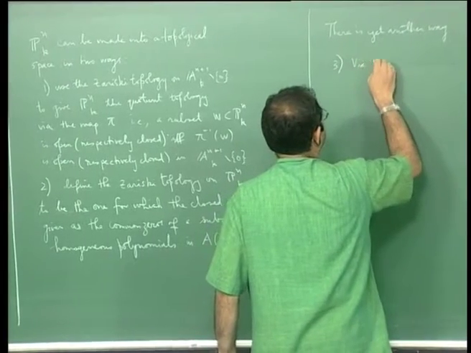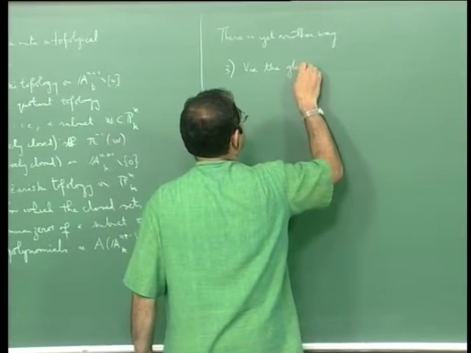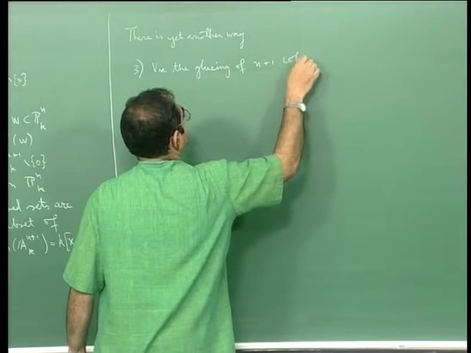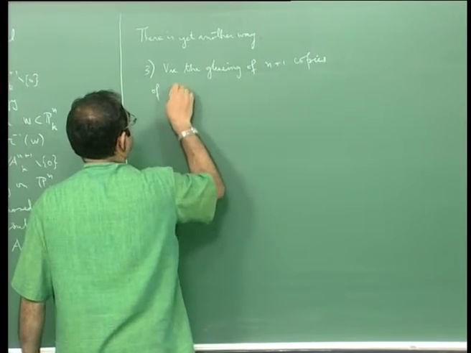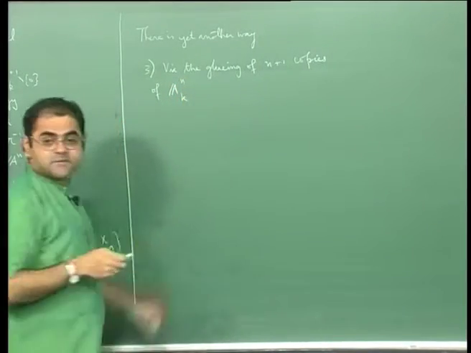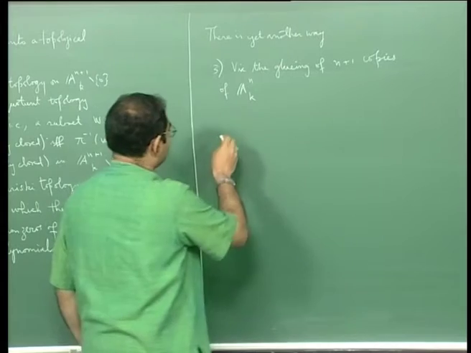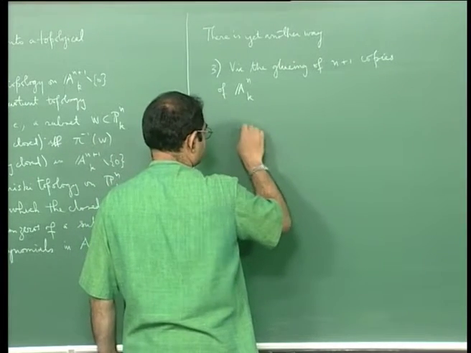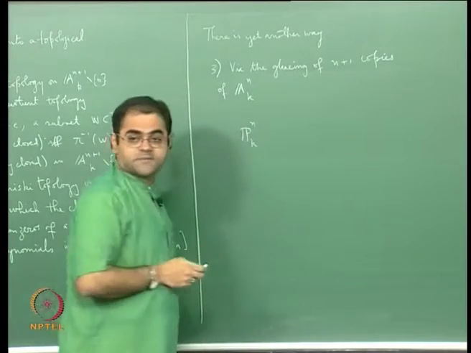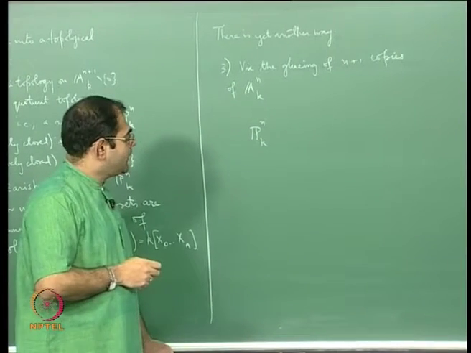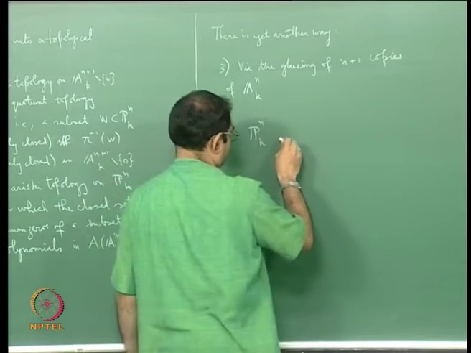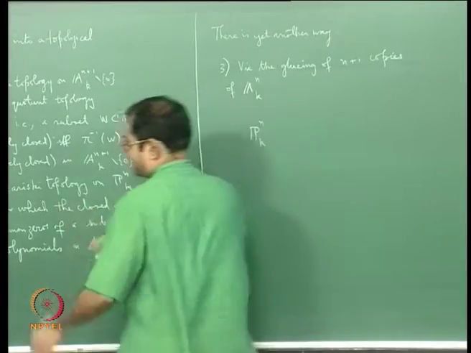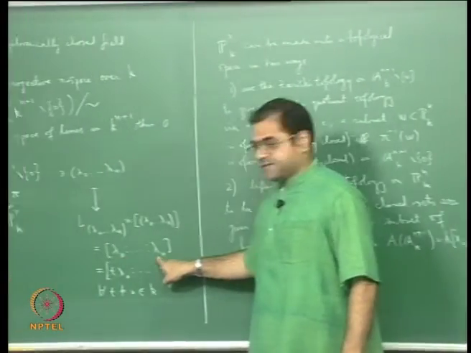Via the gluing of n+1 copies of An. Now, I have to explain what this means. So you take projective space, and the points in the projective space are written in terms of homogeneous coordinates like this.